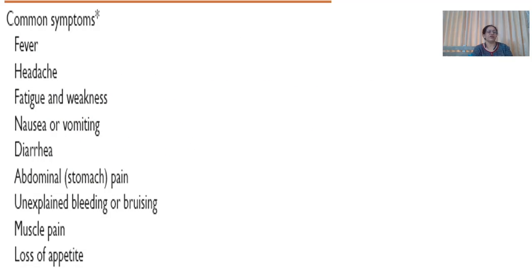So this is a list of common symptoms in case of Ebola disease.